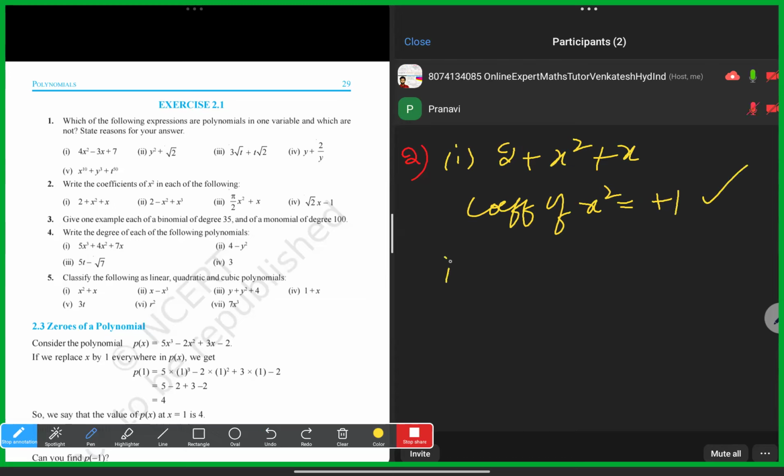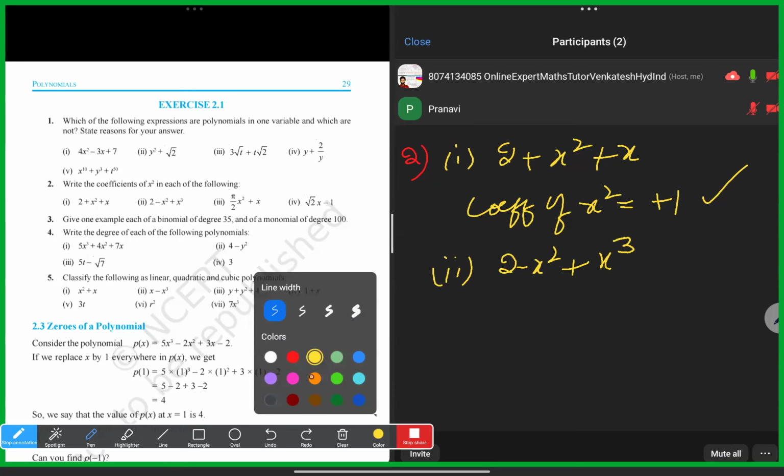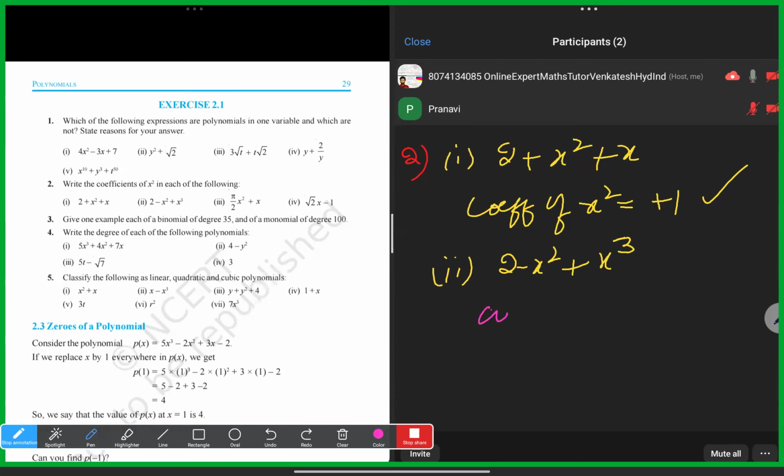So second one, if we observe, Pranavi, 2 minus x square plus x cube. x square is multiplied with minus 1, so the coefficient of x square is minus 1.